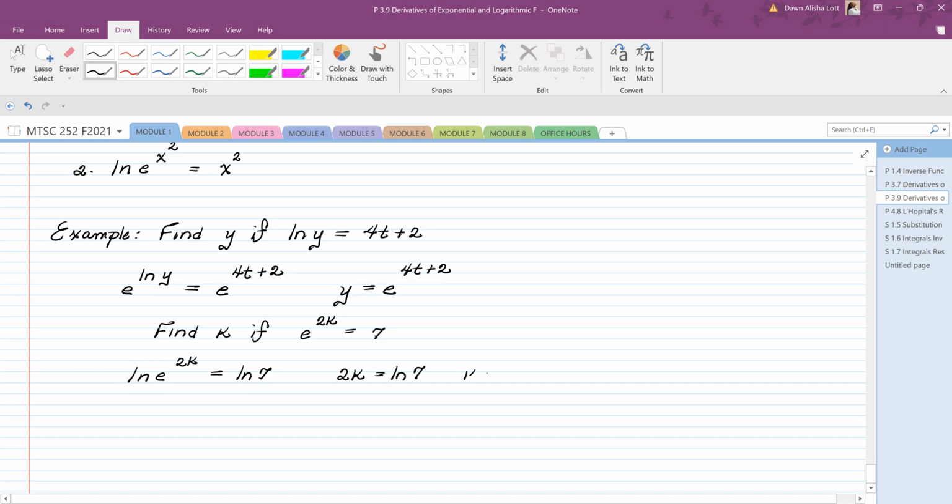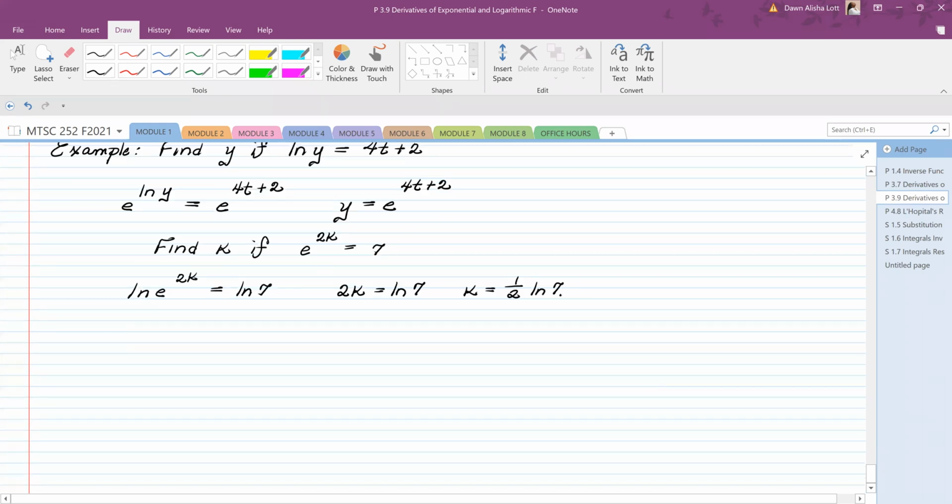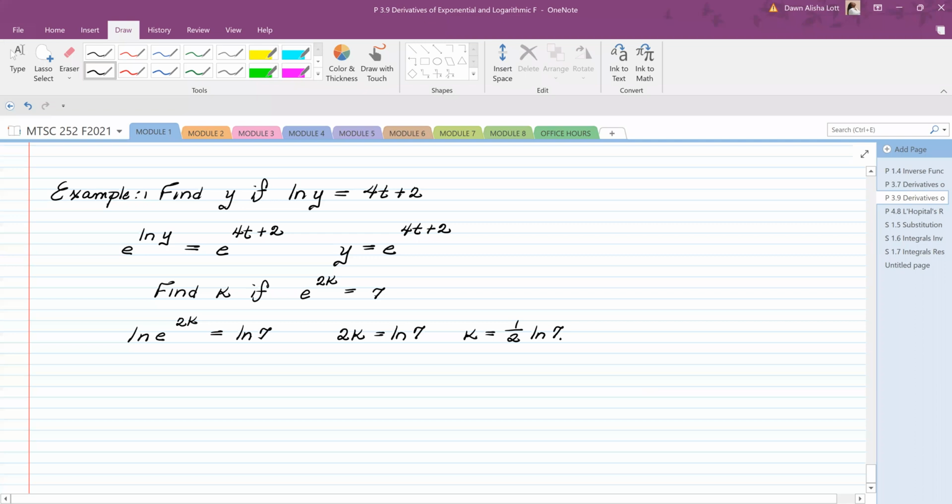So therefore, k becomes 1/2 the natural log of 7. Nice, simple problems. Okay. Lastly, if something has the same base, then their exponents have to be equal. So find k if e to the 2k is equal to e to the k plus 1.